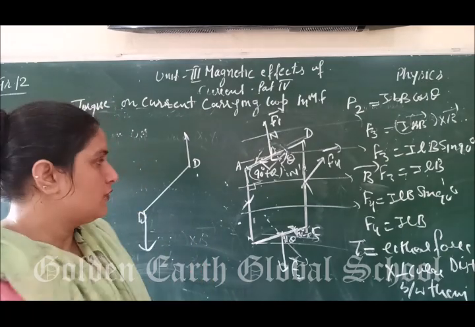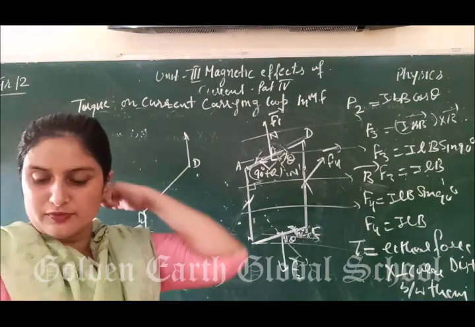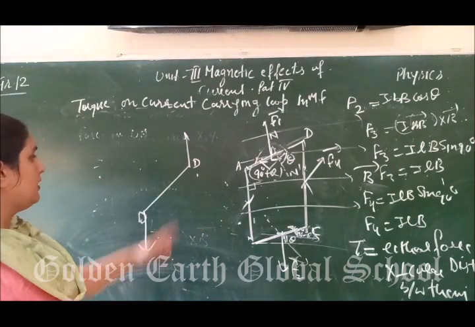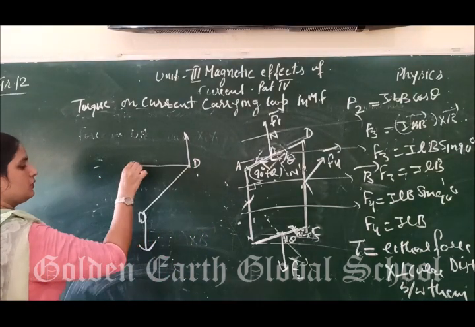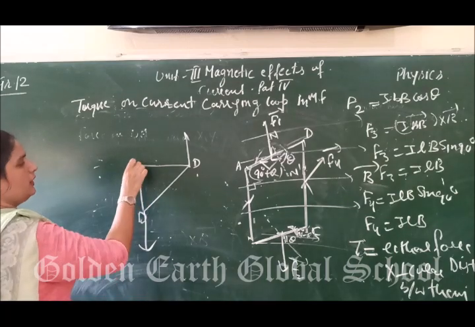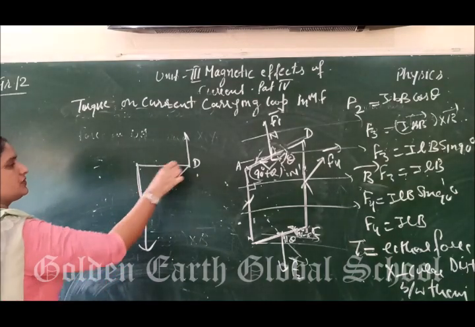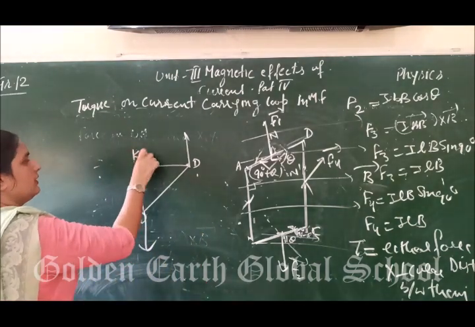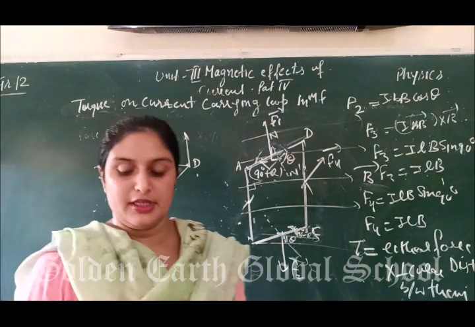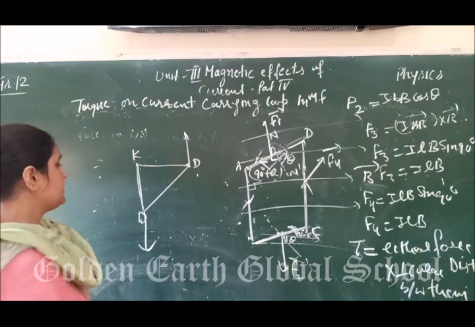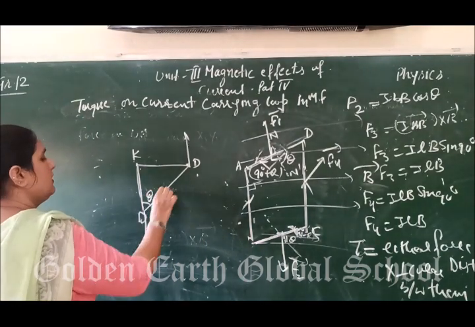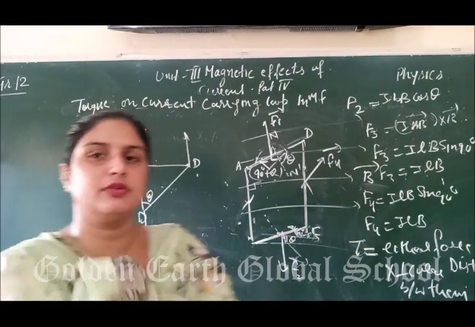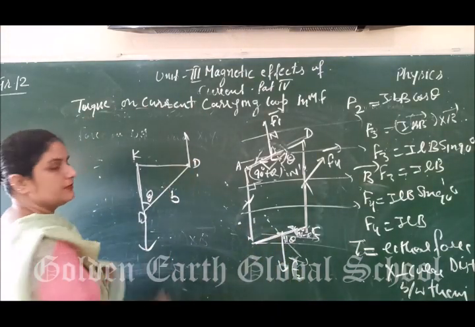Now to find the torque, we should know the perpendicular distance between the forces. Now if I am going to draw from here, the perpendicular distance will be this much. If I am going to name it as the point K, the perpendicular distance will be KD. Now this angle is theta and this is equal to the B, that is the breadth of the loop.